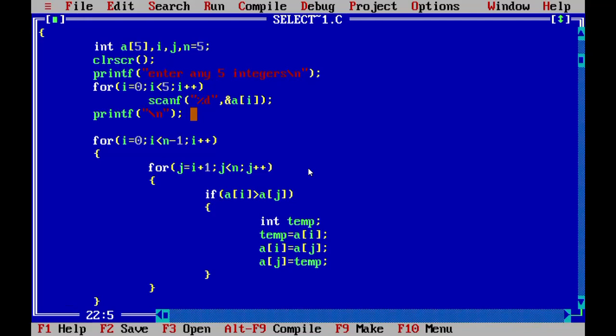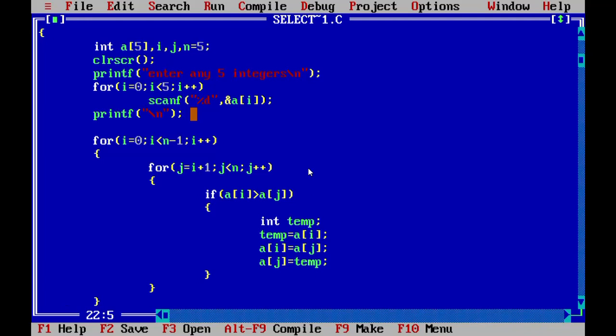Like that, it will run n minus 1 times. And if swapping is required, if a of i is greater than a of j, swapping is done. So in one iteration, the smallest element will come and settle in its right position, that is the first position.